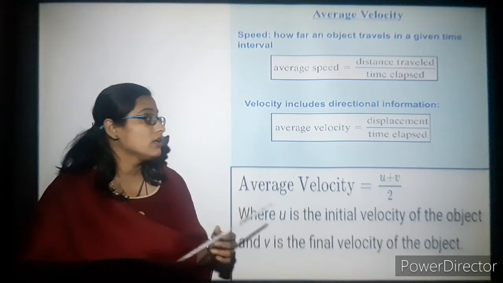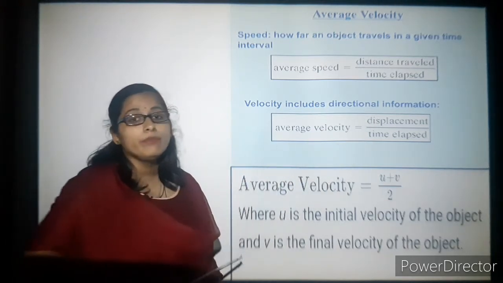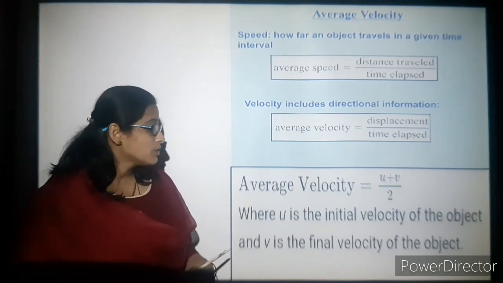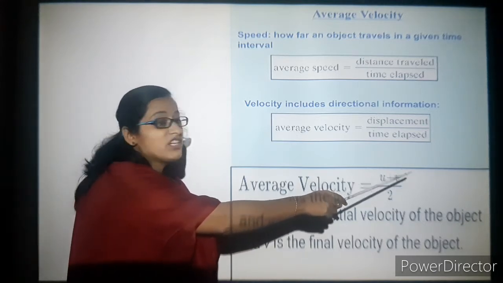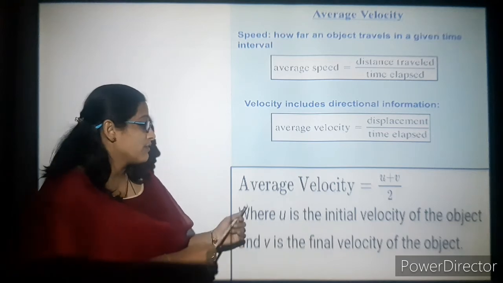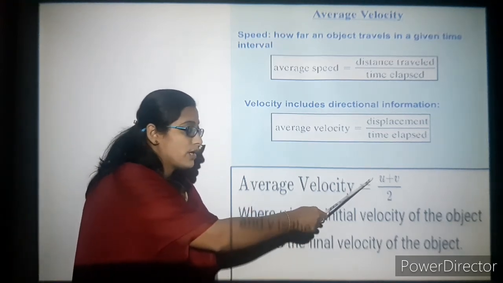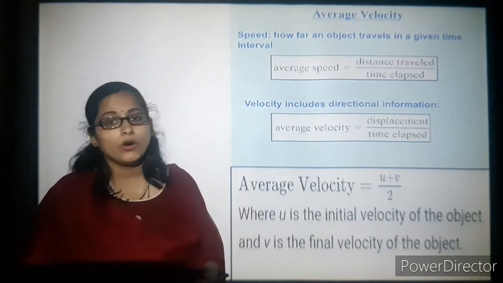It is displacement by time elapsed. Average velocity is also the initial velocity plus the final velocity divided by 2. What is u here? u is the initial velocity of the object, and v is the final velocity of the object.